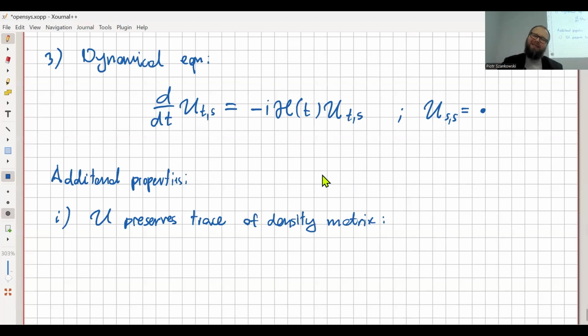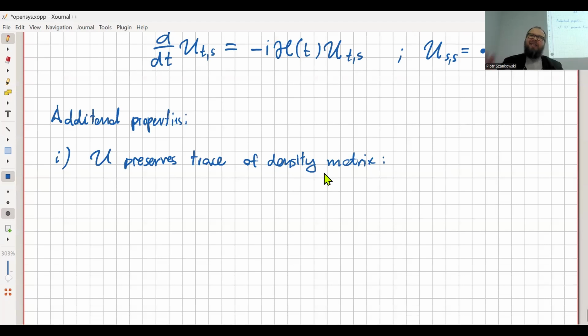Unitary operators preserve the norm of vectors, so this is kind of the same thing, but with the norm defined with trace, I guess.